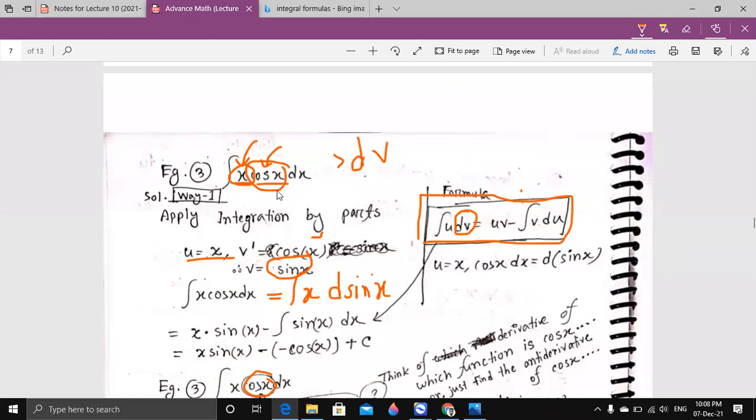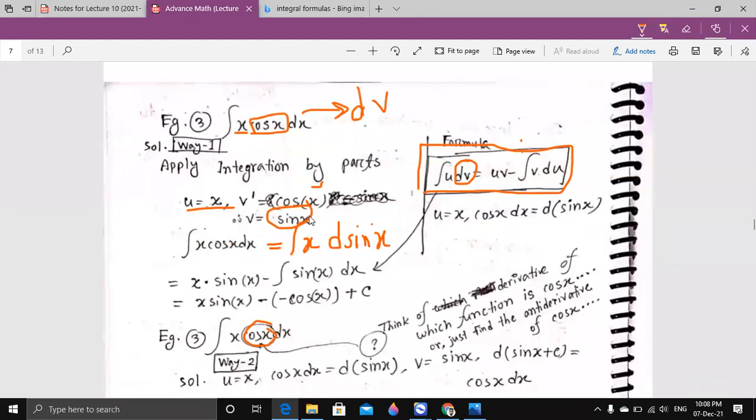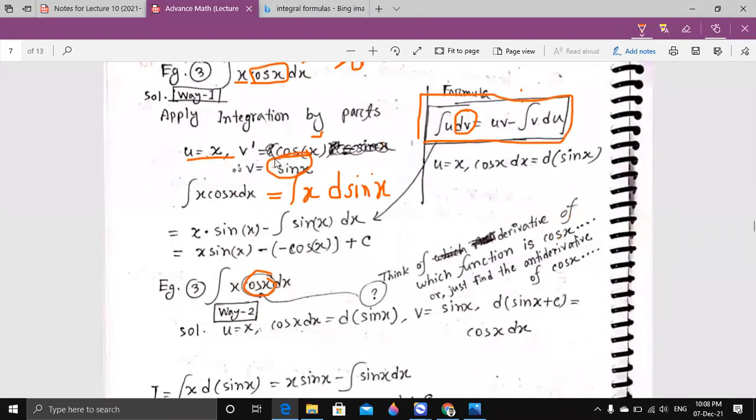We have to convert this cos x dx as dv, okay? And to convert this as dv, we have to find the integral value of cos x, okay? So the integration of cos x will be sin x.